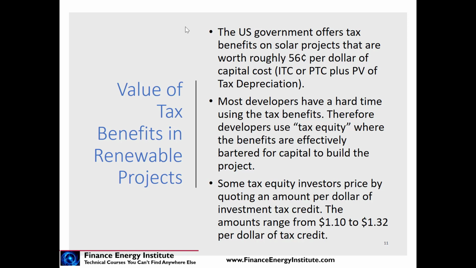And there's something called a production tax credit, which is not the same, but it's also a tax credit, which says if you produce some amount of power from a renewable project, like a wind project, you can multiply that power by a certain number and get a tax credit. Not a tax deduction, a tax credit.